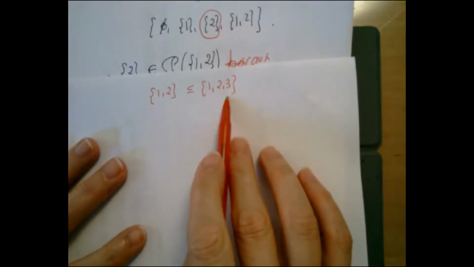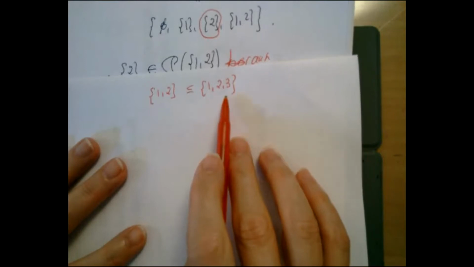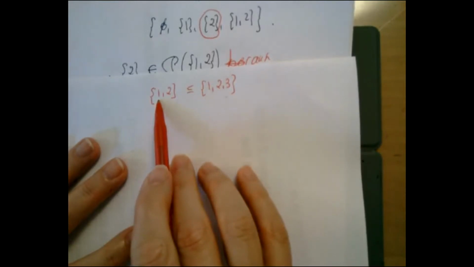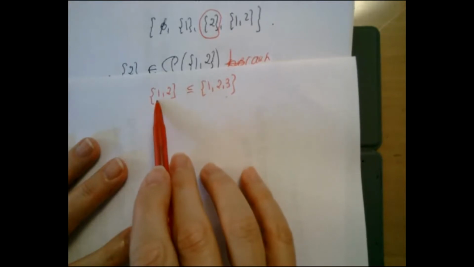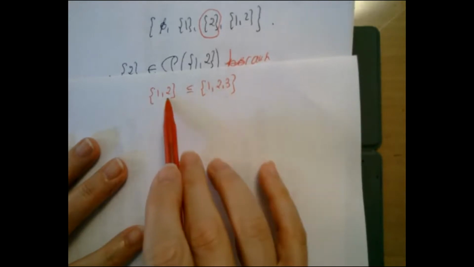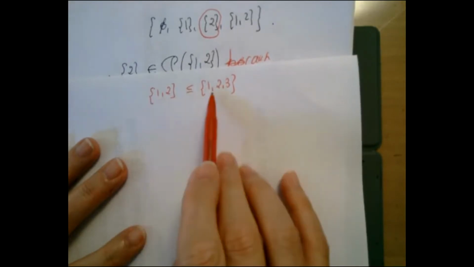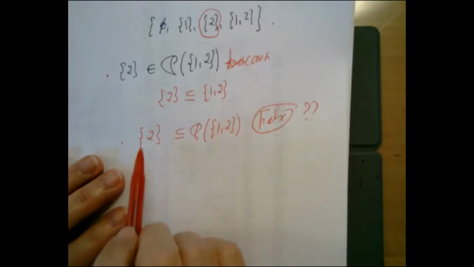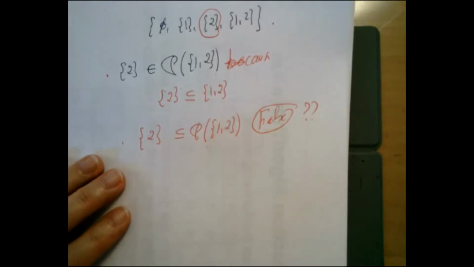Is this a correct statement? Yes or no? Yes. Because every element here, what are the elements here? 1 and 2. 1 is in here, 2 is in here. The reason this is a subset is because every element is in here. That's what causes it to be a subset. That's what subset means. So is {2} a subset of that? Why is this false?